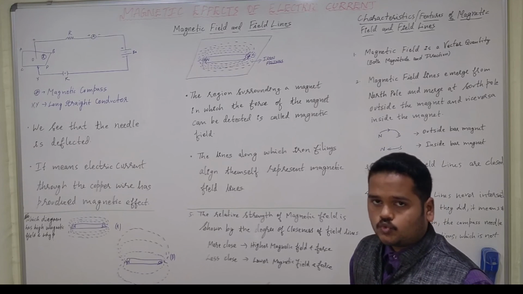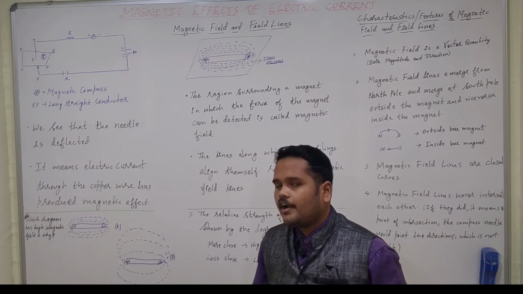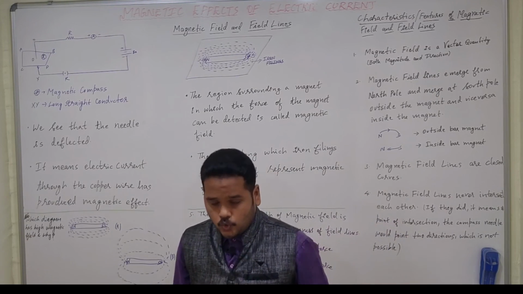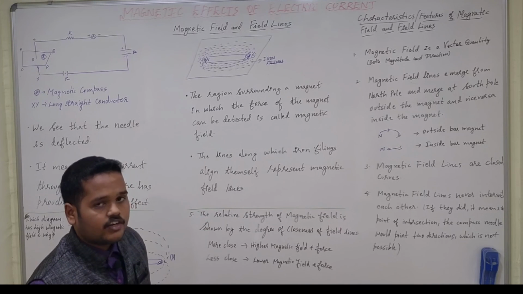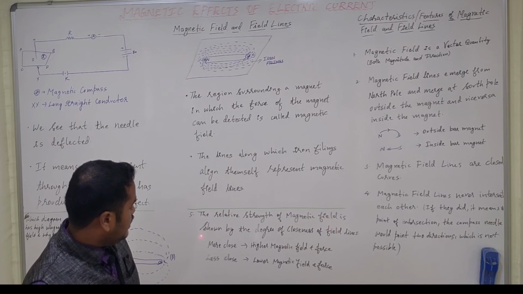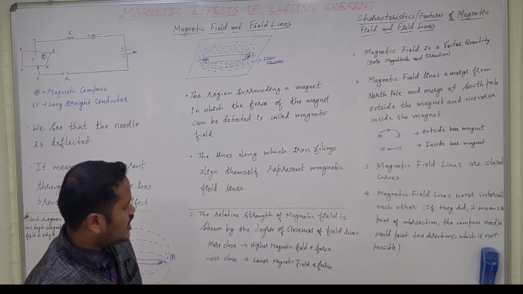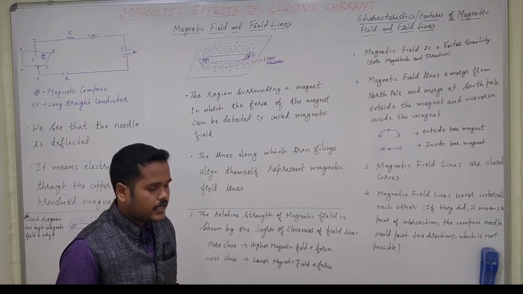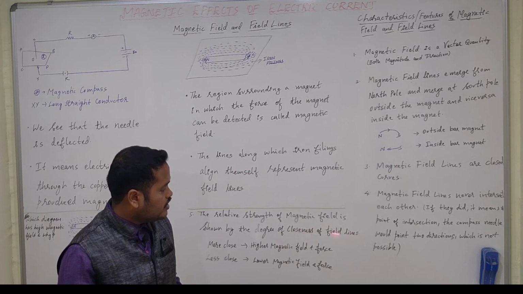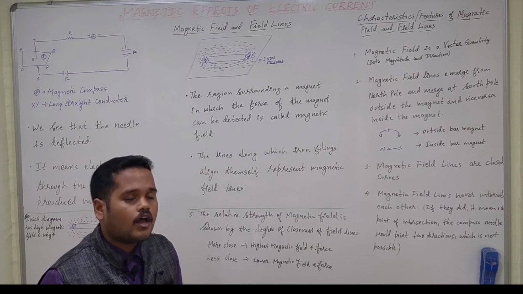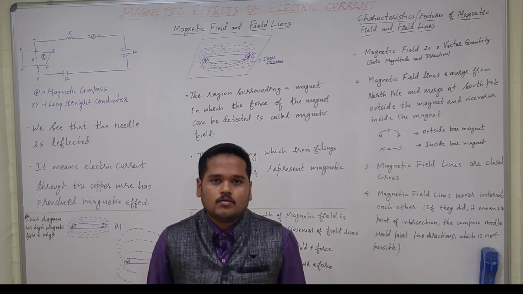Therefore, this has the strongest magnetic field, and option B has a weaker magnetic field when compared to option A. This shows that the relative strength of the magnetic field is shown by the degree of closeness of the field line. So how close they are? More closer, more stronger; less closer, more weaker.